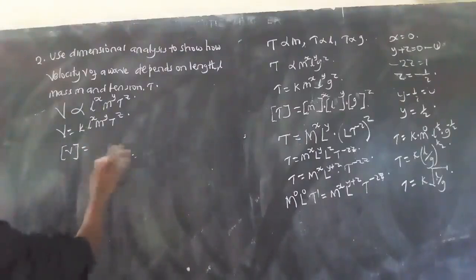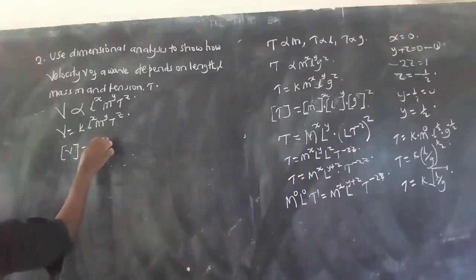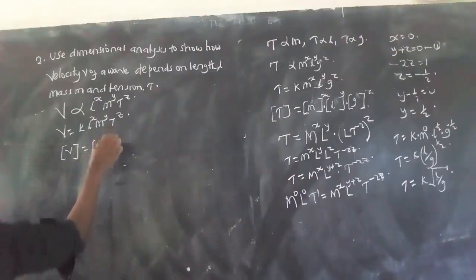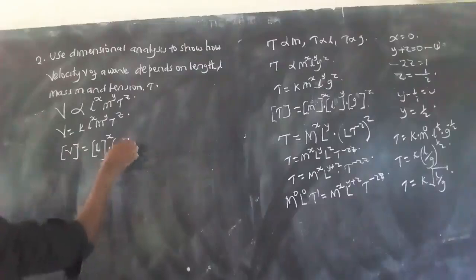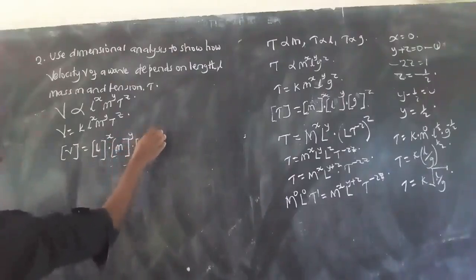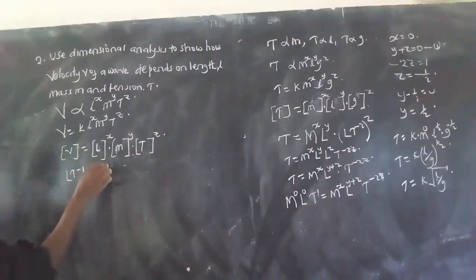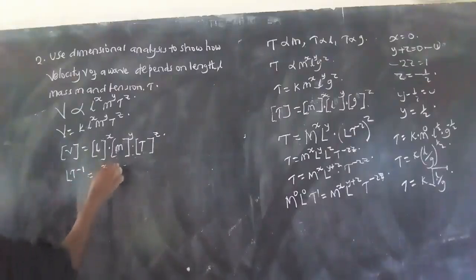That will be the dimension of length L to power x times the dimension of mass to power y times the dimension of tension to power z. Velocity is meters per second, that is L T to the negative 1, equal to capital L to the x times capital M to the y times tension.